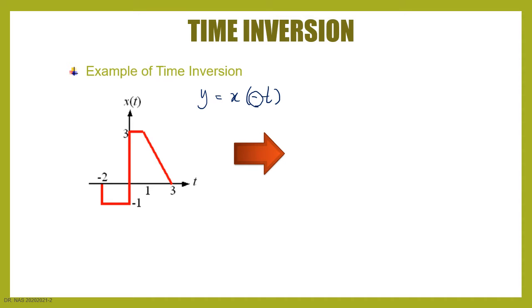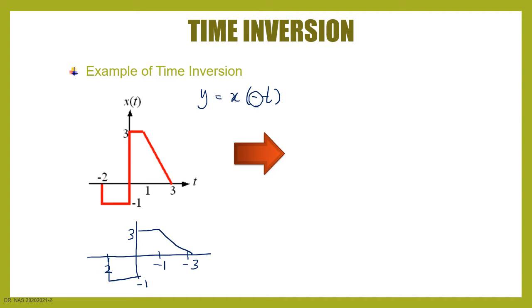What you need to do is first draw the axis. All positive t become negative t and negative t become positive t. So 3 becomes minus 3, 1 becomes minus 1, and minus 2 becomes 2, but the amplitude remains the same. The amplitude is 3, and the bottom one is minus 1.